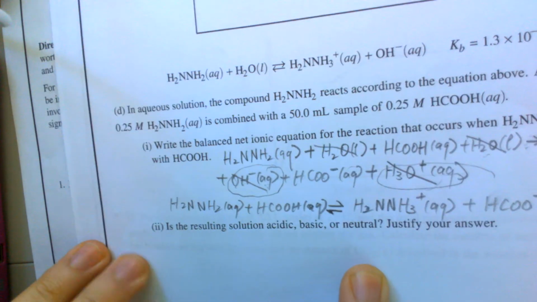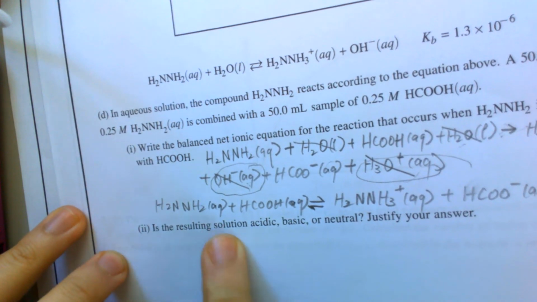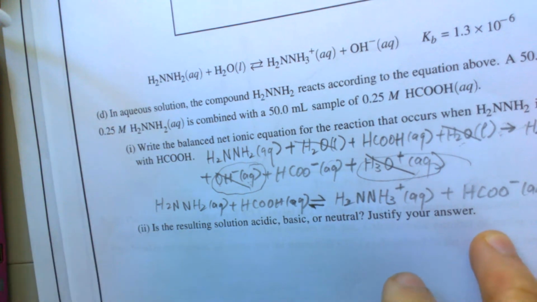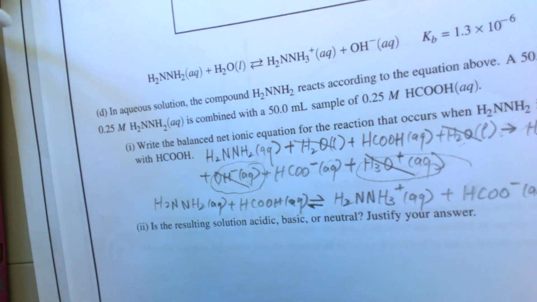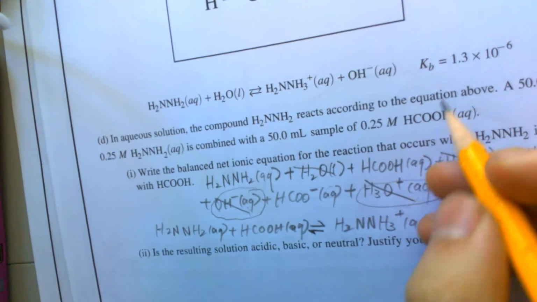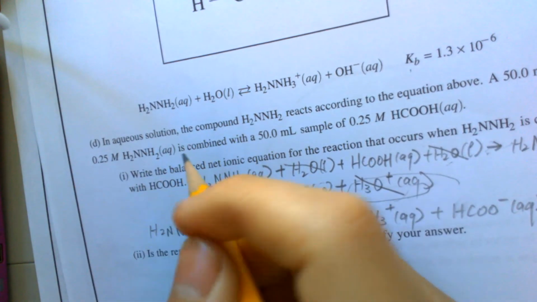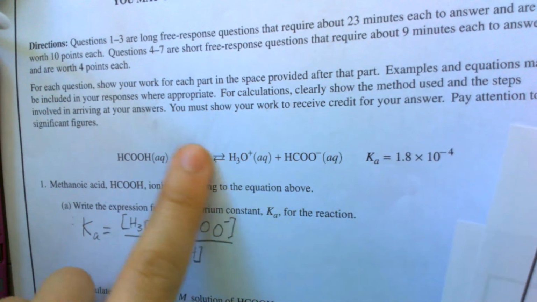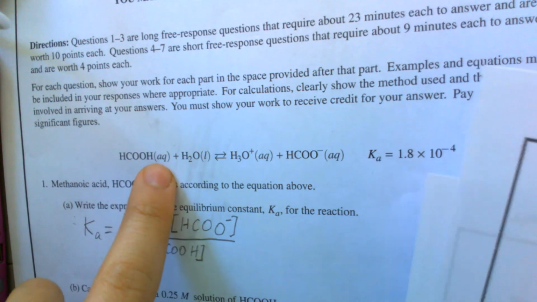So in this resulting solution, is this resulting solution acidic, basic, or neutral? Justify your answer. So we have Kb for hydrogen here. We also have Ka for HCOOH here.